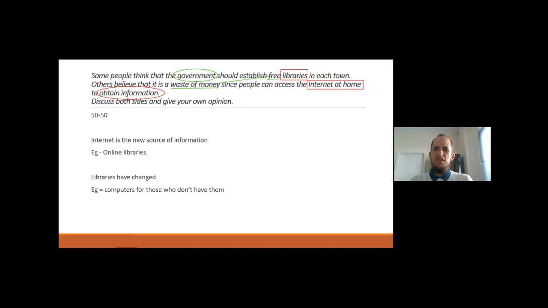And that's one of the things that you have to do in your essay. When you give an argument and you give a balanced 50-50 essay, you have to believe in your argument. Even if you don't actually believe in it, you have to back it up. Obviously, if I was responsible for giving away free money, I would never give it away to free libraries.